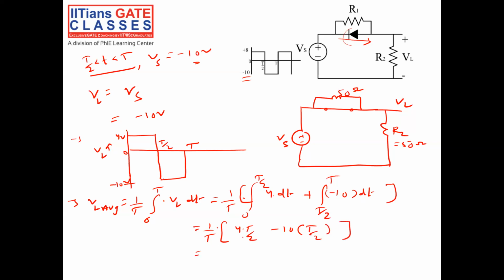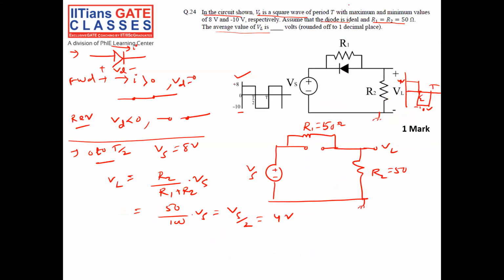So T gets cancelled: 4 by 2 minus 10 by 2 is equal to 2 minus 5, which is minus 3 volt. So the answer will be minus 3 volt.